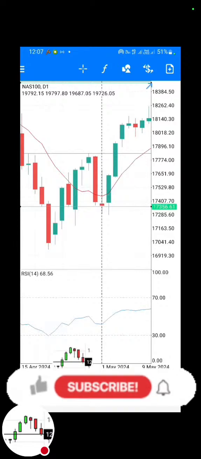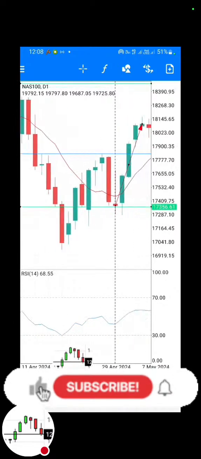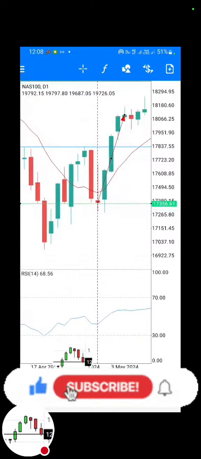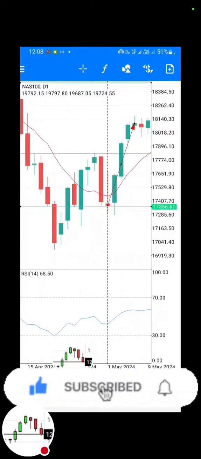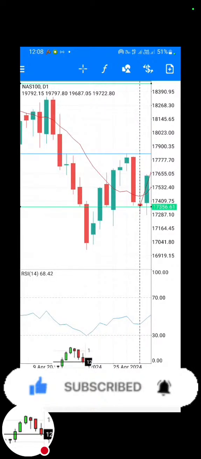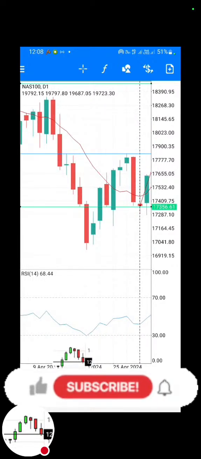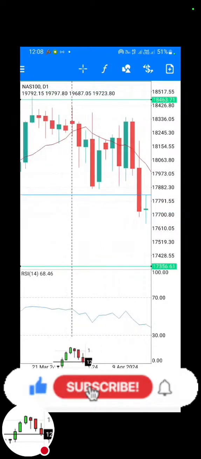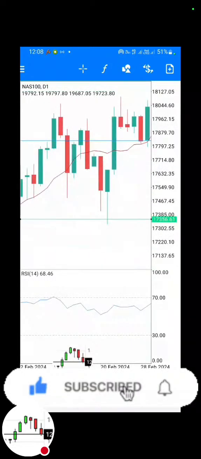We can see the bullish Nasdaq, and the market did reverse for a long period of time. That is how we trade, guys. You need to learn this type of candlestick. This type of candlestick is called the Morningstar candlestick pattern.